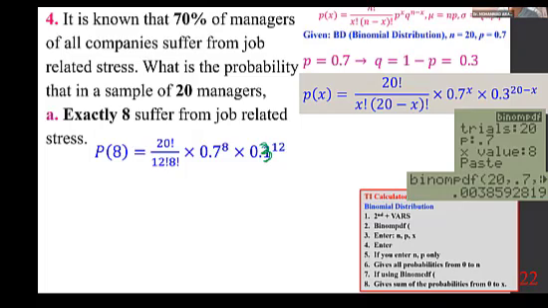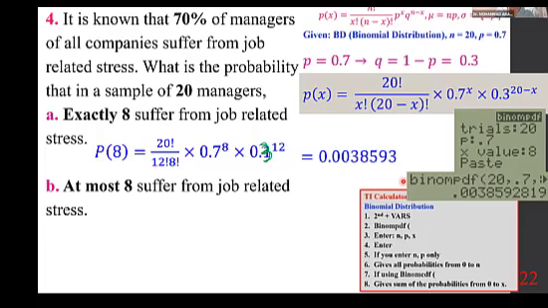I highly recommend you show your work up to here, and then you can use a calculator and come up with the answer. 0.00 and however many decimals, 38593.